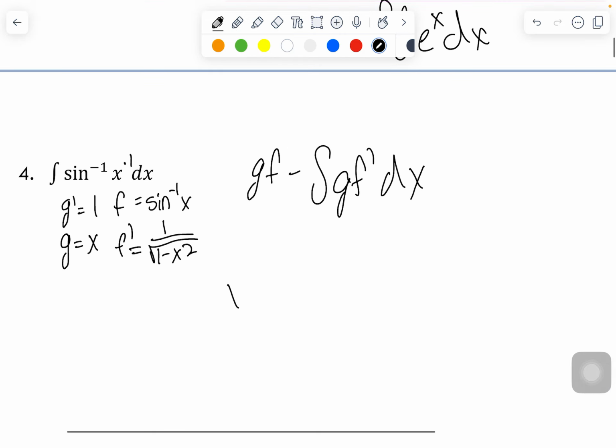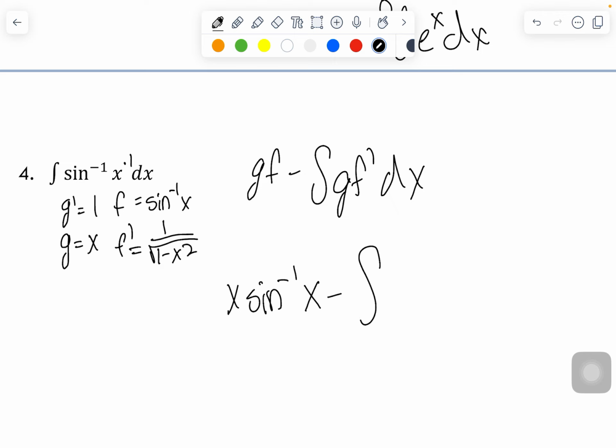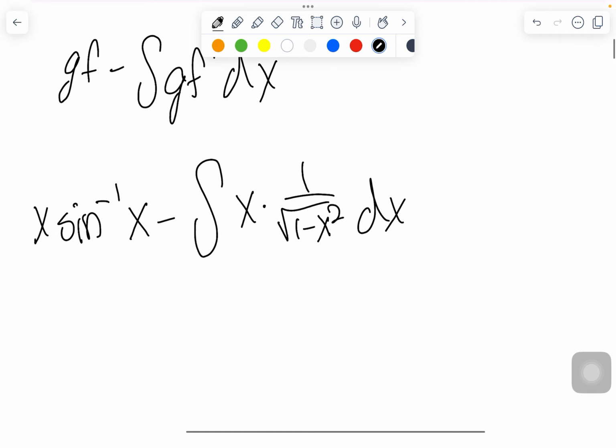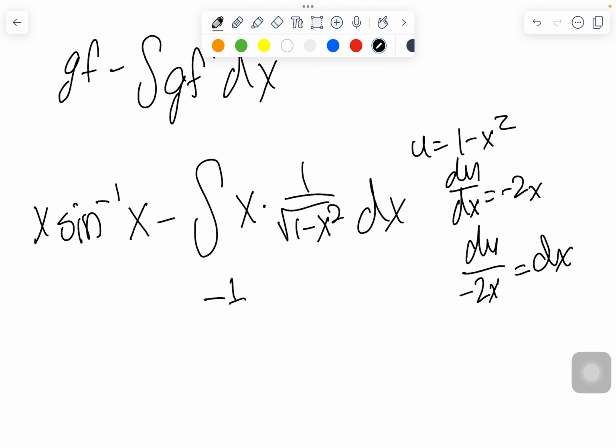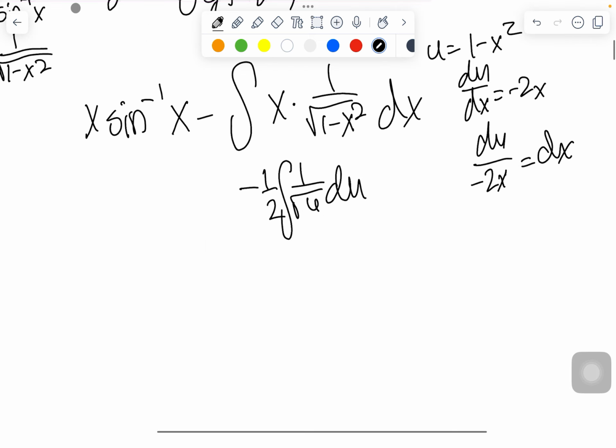So now we can plug our values in. So gf is just x sine negative 1 x minus the integral of x times 1 over root 1 minus x squared dx. So see here, I can see that I'd probably want to use u sub equals 1 minus x squared, du over dx equals negative 2x. So I'd take a negative 1/2, and get the integral of 1 over root u with respect to u.